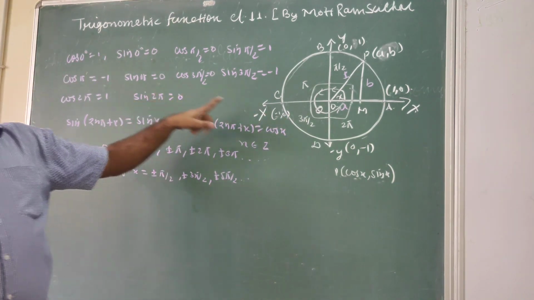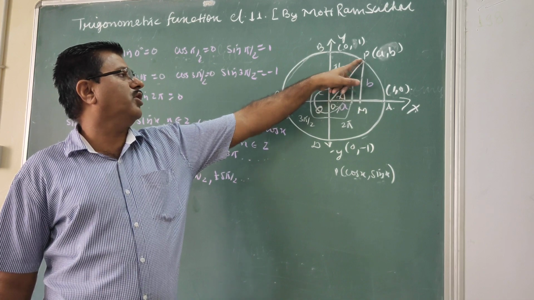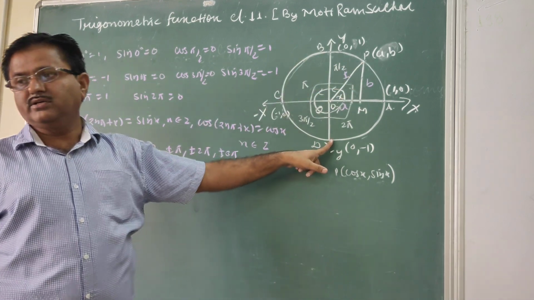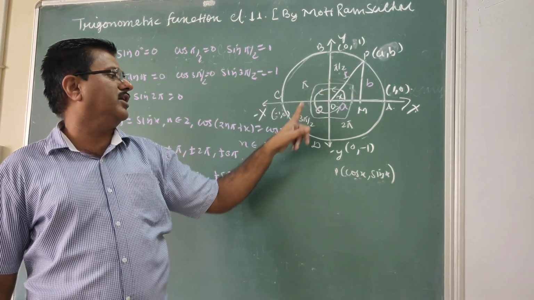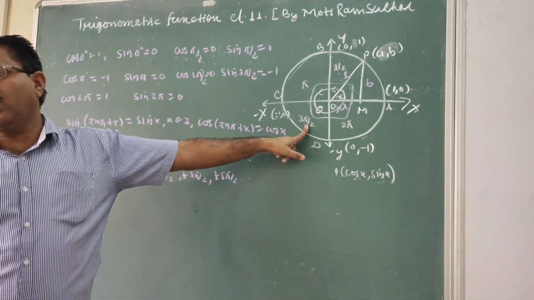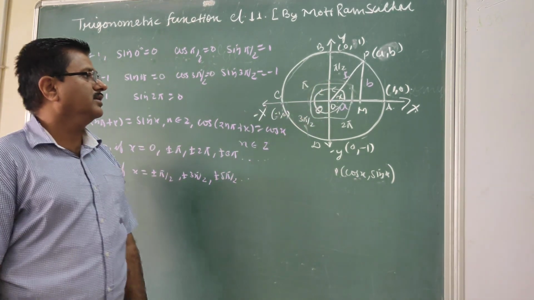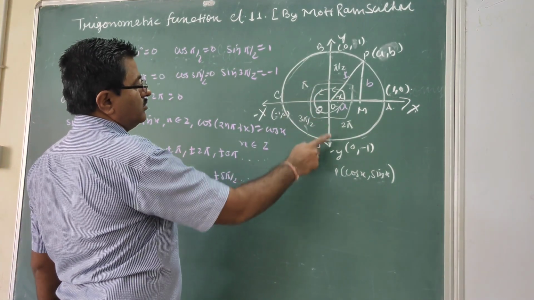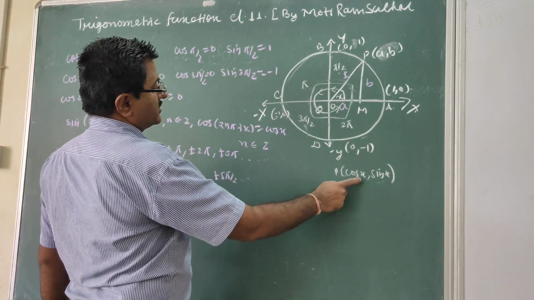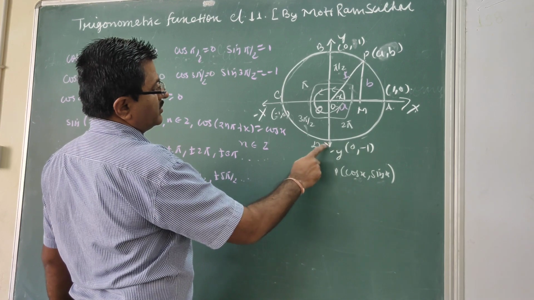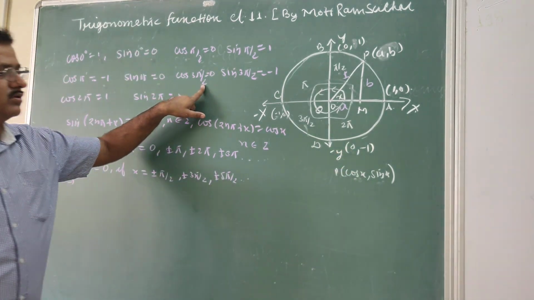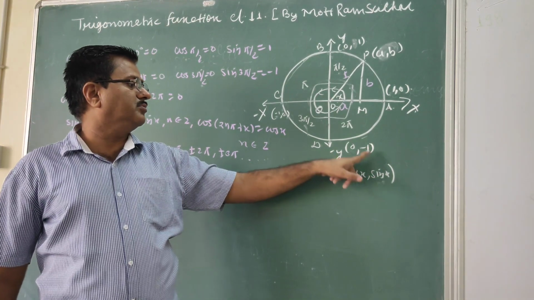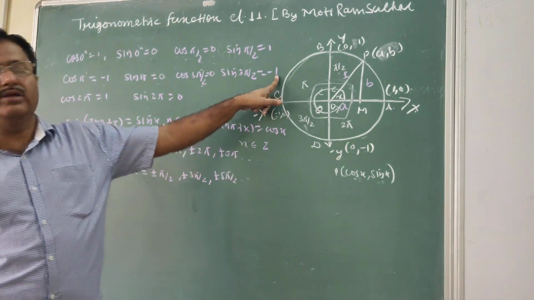Clear? Similarly, when this point P coincides with D, the angle covered by this point is pi plus pi by 2, that is 3 pi by 2. So cos 3 pi by 2 is 0, and sin 3 pi by 2 is -1.